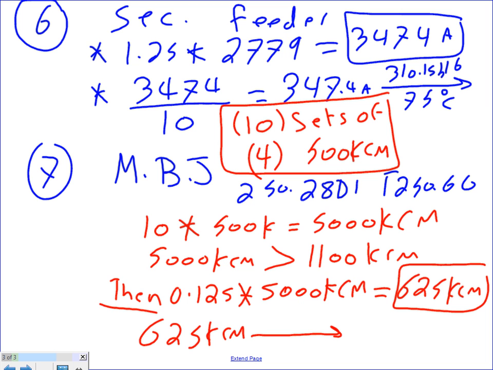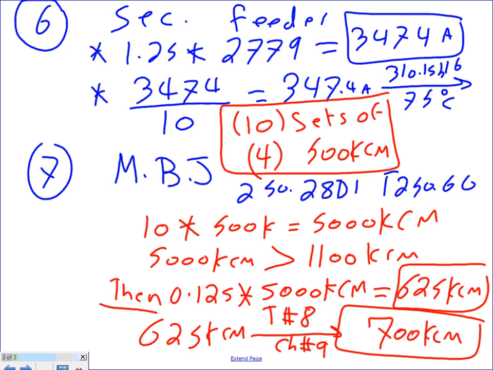You take this one, guys, to Table 8, Chapter 9, NEC code book. Do we have 650? I don't think we have 650 kcmil. Anybody check? We have to go to 700 kcmil. I believe we have 700. So we need 700 kcmil. How many of them? Only one.